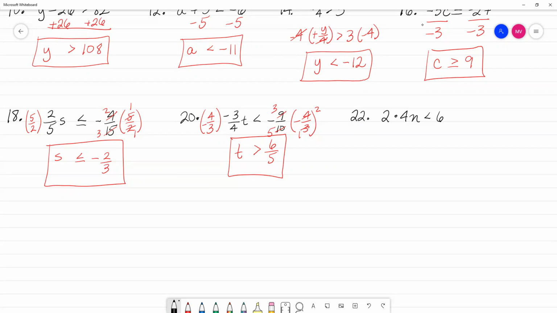What's 2 times 4? Yeah, you can, because you're multiplying them, even though they're unlike terms. So you can still multiply 2 times the coefficient 4, and it's a valid solution. So you get 8n is less than 6. And then what do we do to isolate our variable? Yeah, divide both sides by 8. And so n, 8 is positive, so we don't have to change our inequality, but we do need to reduce that fraction. 6/8 reduces to what? 3/4. Yep.